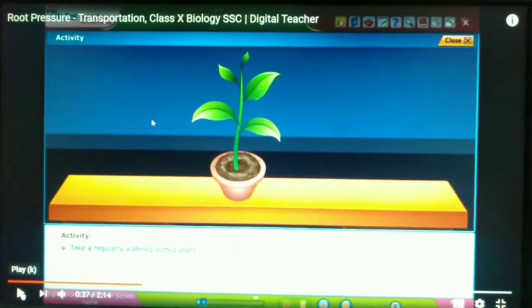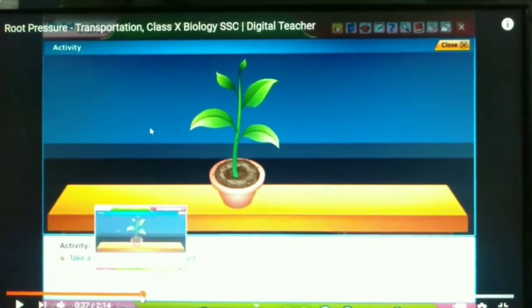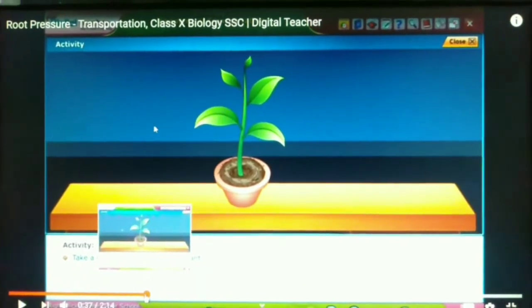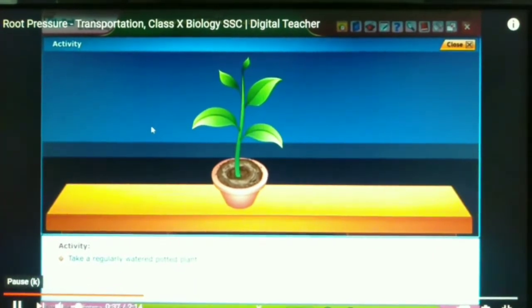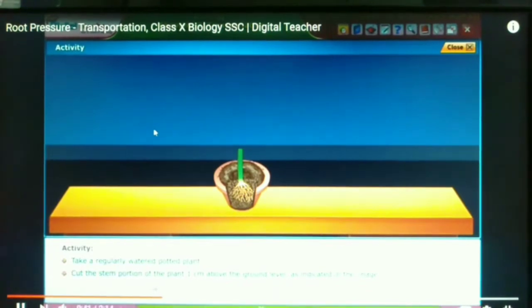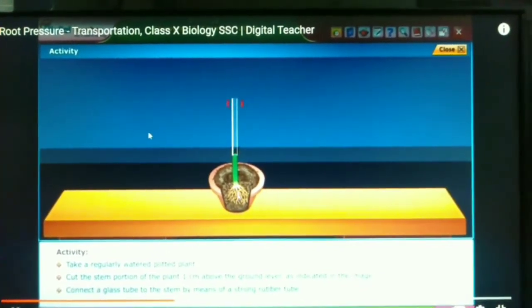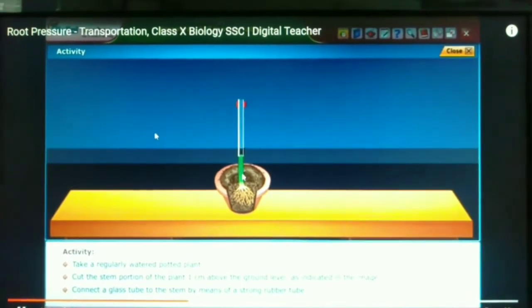To understand root pressure more clearly, here is one activity, which I will show as a video. Take one regularly potted plant. Cut the upper part and leave the root and stem.